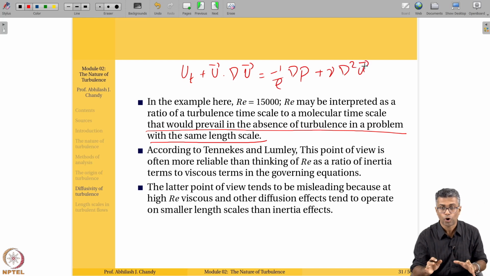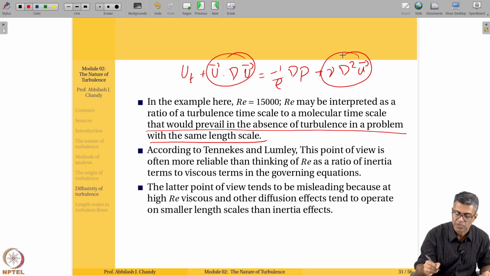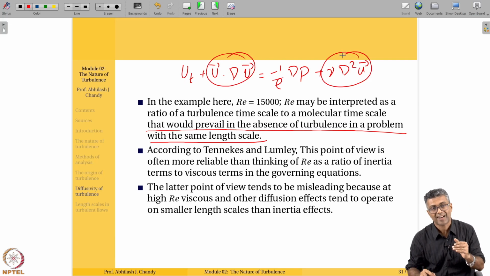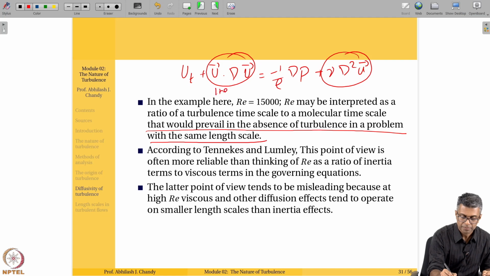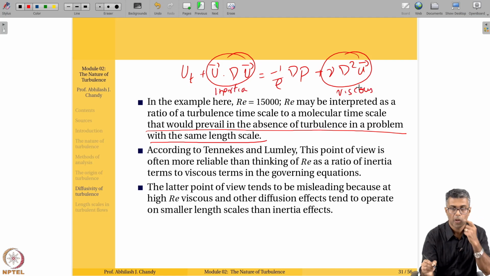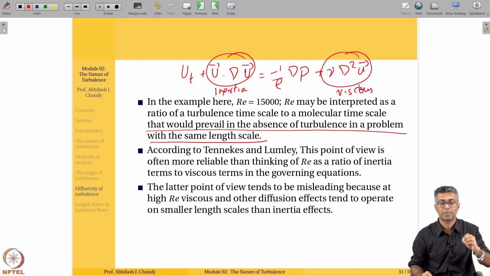Now if I do an order of magnitude analysis of inertia over viscous, I will get exactly UL over nu, which is the Reynolds number, correct? And this is inertia, this is viscous. But according to Tennekes and Lumley, it is more reliable to look at the Reynolds number as the ratio of timescales. Why is that?